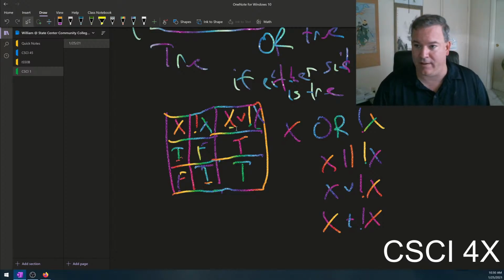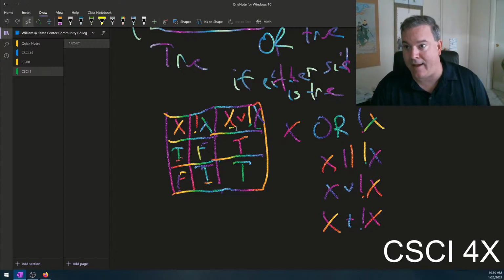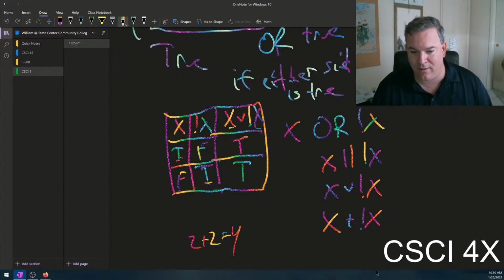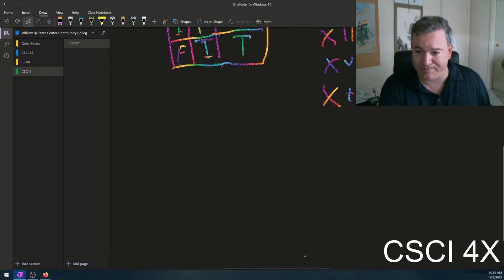It's like if I asked you to add 2 plus 2 and show your work: 2 plus 2 is 4. No, show your work. 1, 2, 3, 4. And so let's do a slightly more complicated example with OR.